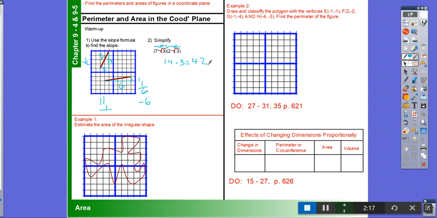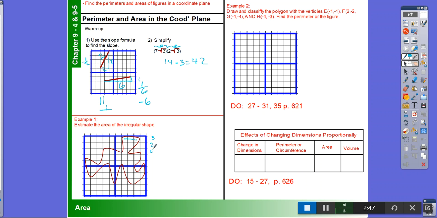Now for our favorite type of problem here. Estimate the area of the irregular shape. Ugh. All right, so that's 3. Over here we have 1 full one, let's call that 2. So we have 1, 2.5, 3.5, 4, so that's a half.